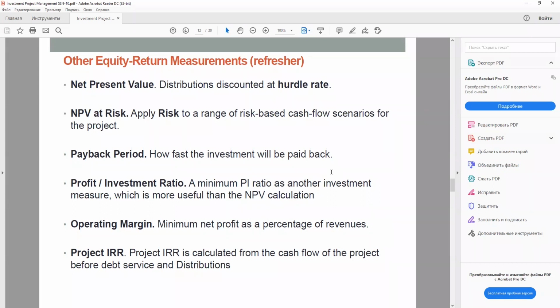That is the length of time that it takes to recover their original cash investment. This is a crude measure. In particular, it does not take account of returns after the end of the payback period. Nevertheless, it still provides a useful check against projects which offer a high equity IRR that do not produce adequate cash distributions for a long time.